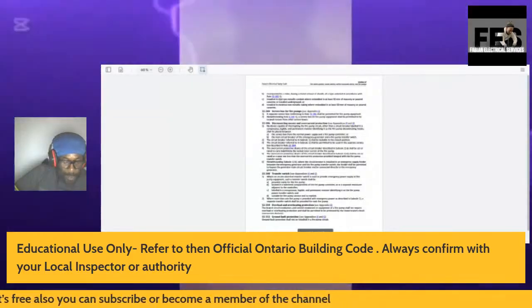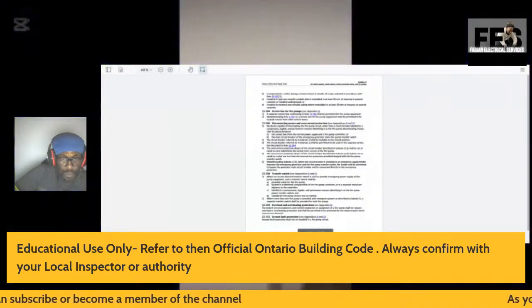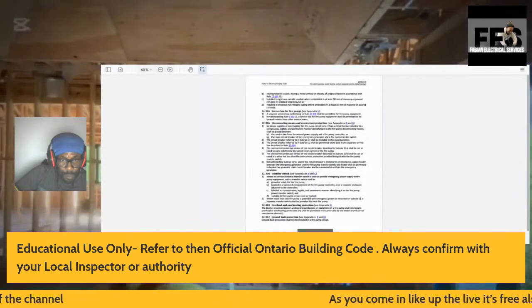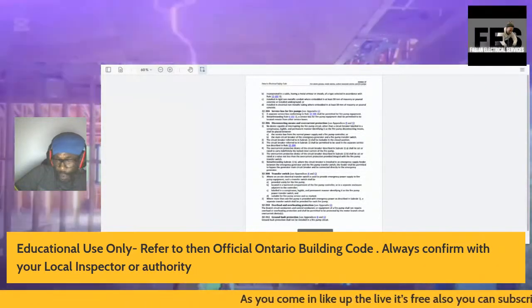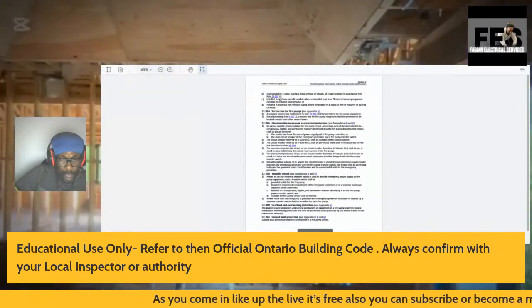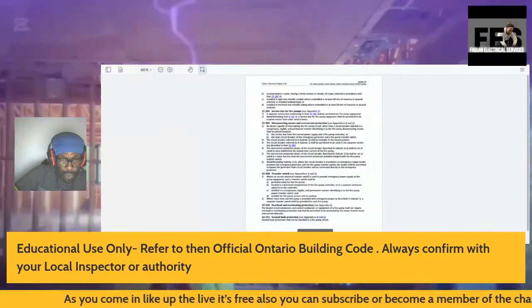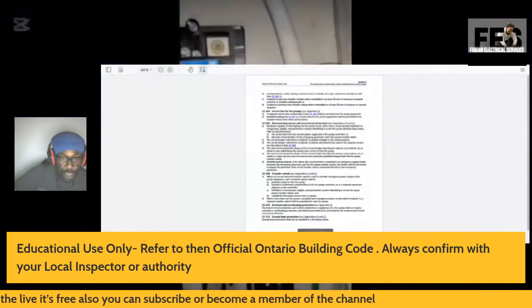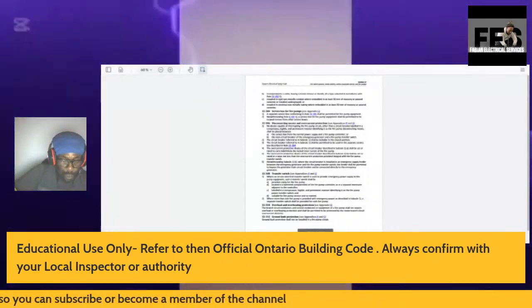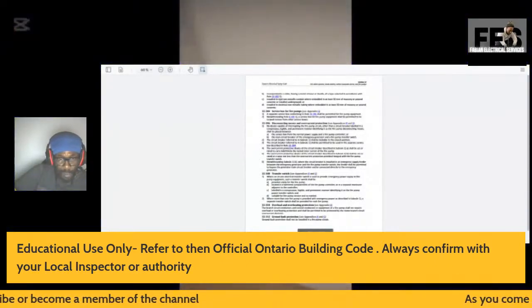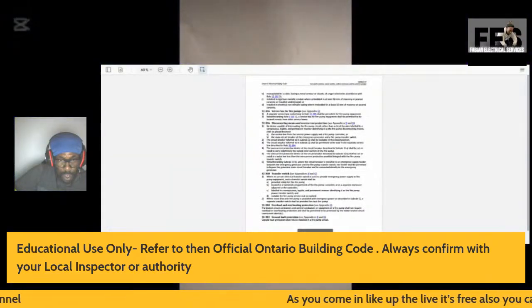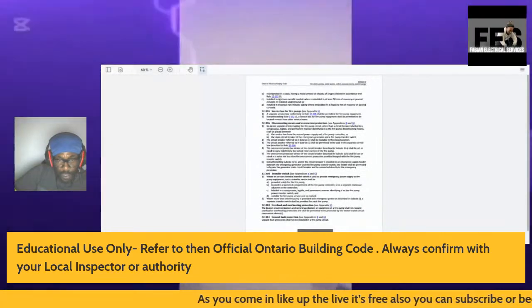So again, this is the transfer switch rule when it comes to emergency generators. It also tells you to see Appendix B and G.